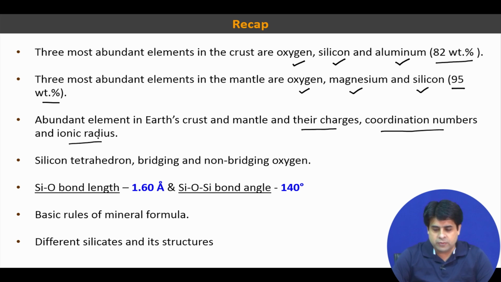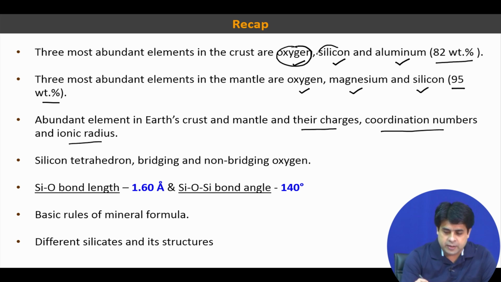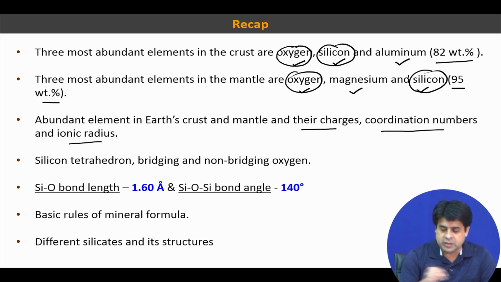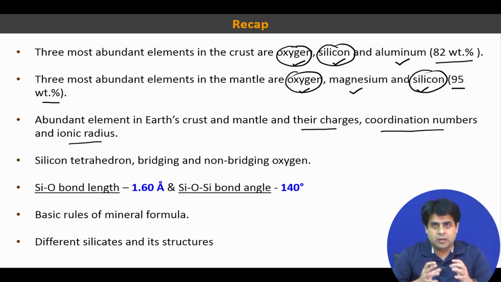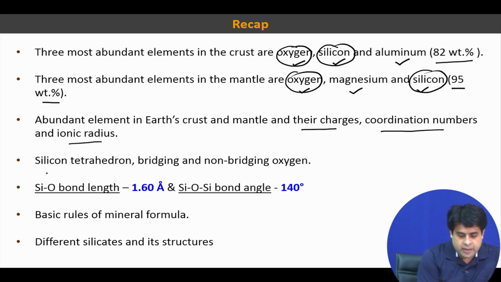The two most abundant elements in both the crust and mantle are oxygen and silicon, so you see that in both cases oxygen and silicon are quite abundant. Most of the minerals formed are made up of this silicon and oxygen.